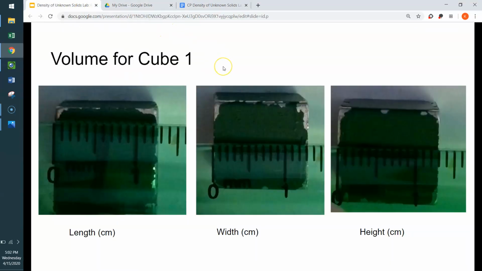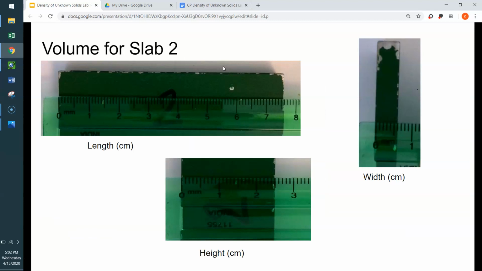Now once you finish recording the measurements for the length, width, and height of cube 1, we're going to move on to cube 2. Well, technically it's the slab. So slab number 2. Here's our length. What does this measure? Record it in the table.